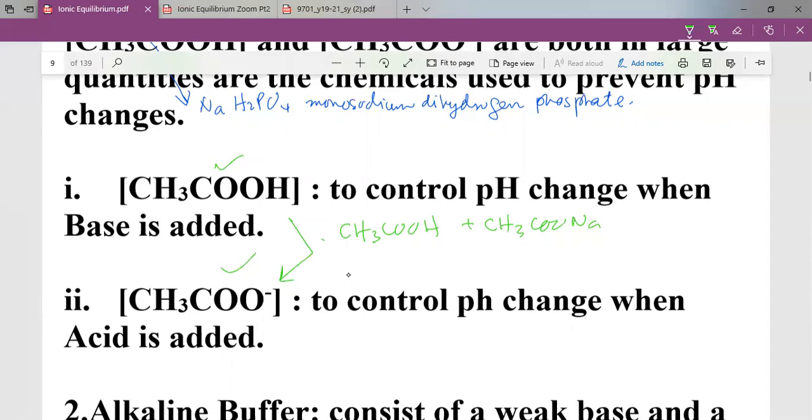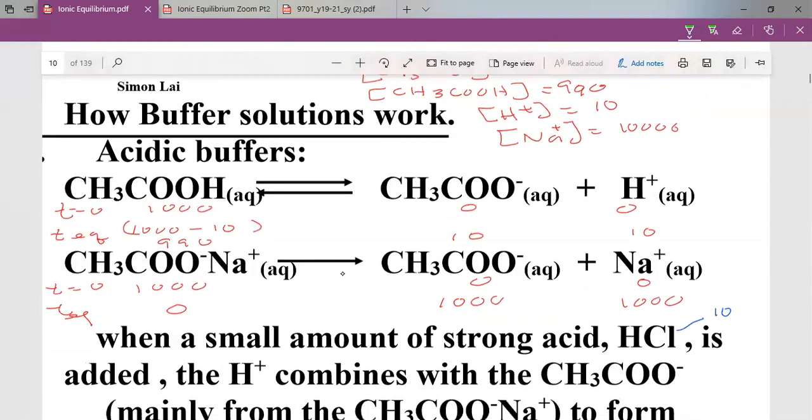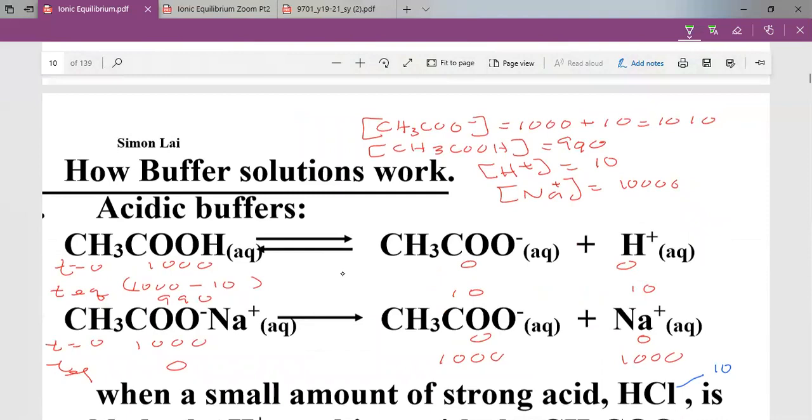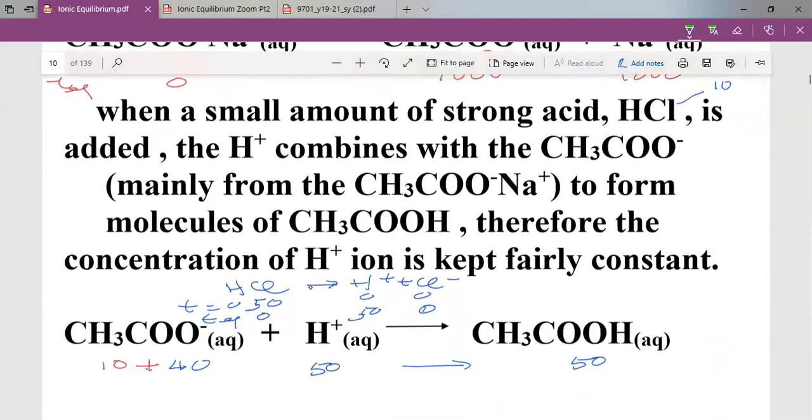Normally this is like 0.5 moles and 0.5 moles. This one is hardly dissociated, so the conjugate base comes mainly from the salt. So how do they control the pH? I'm going to show you the theory first, how it works.